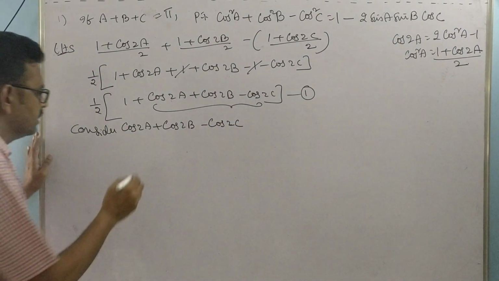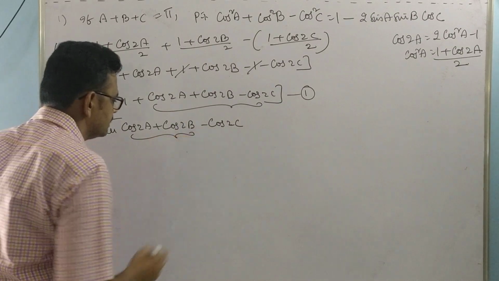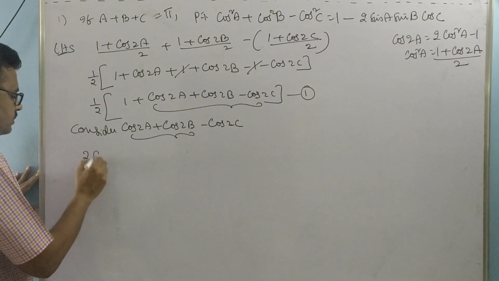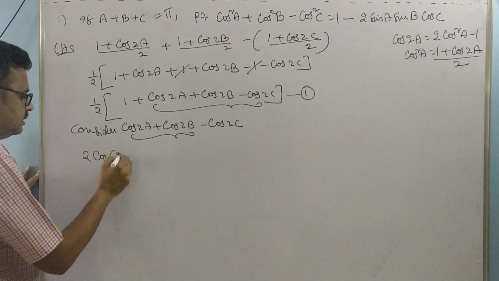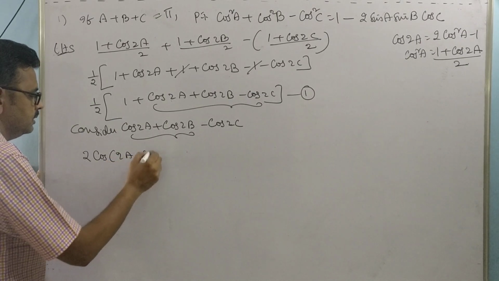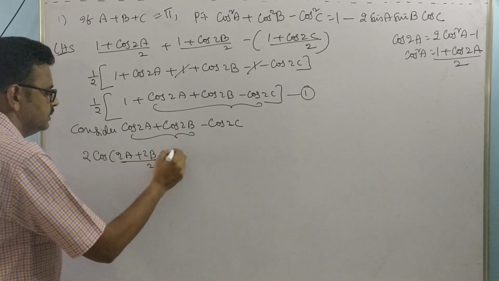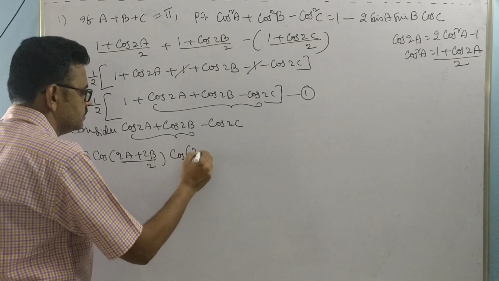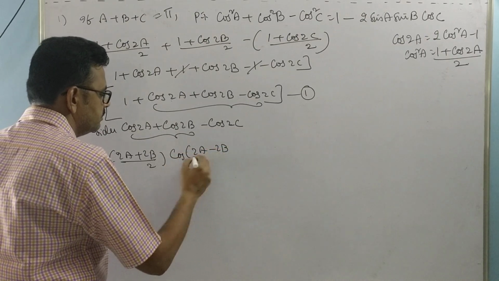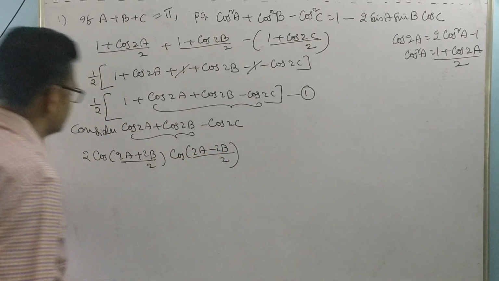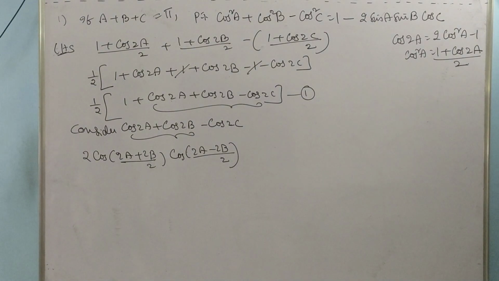Now this is again the cos C plus cos D form. Cos C plus cos D is 2 cos of C plus D by 2, that is 2A plus 2B by 2, into cos of 2A minus 2B by 2.